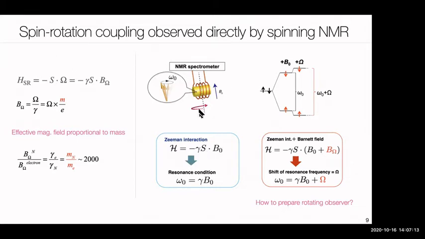Okay, so this is a cartoon of the conventional NMR spectrometer. If you apply the external magnetic field B0, then the NMR resonance condition is given in this form.